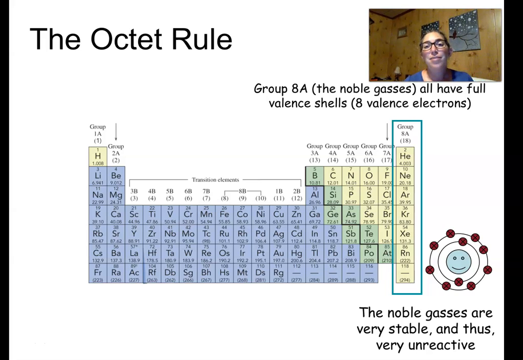So ideally, atoms want to have a full valence shell, like the noble gases in this group 8A. All of the elements in group 8 have a full valence shell. So helium has 2 electrons filling its first outer shell, and all these others have 8 valence electrons in their outer shells. So the noble gases were named well before we knew anything about any subatomic particles, much less electrons.